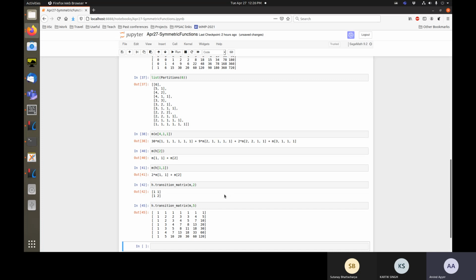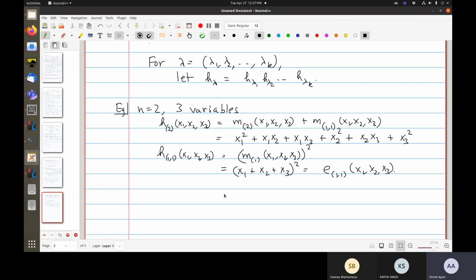So it's a little different, a little more tricky to show that this is a basis, but one can do it. So here's the proposition. H lambda, lambda a partition of n, is a basis. Okay.